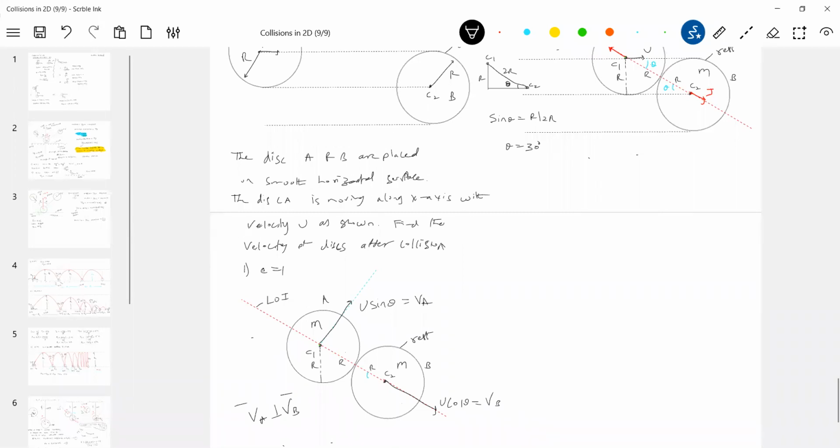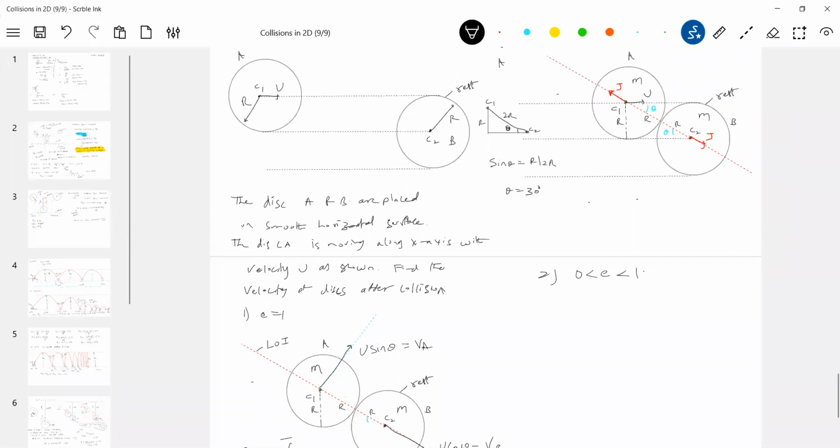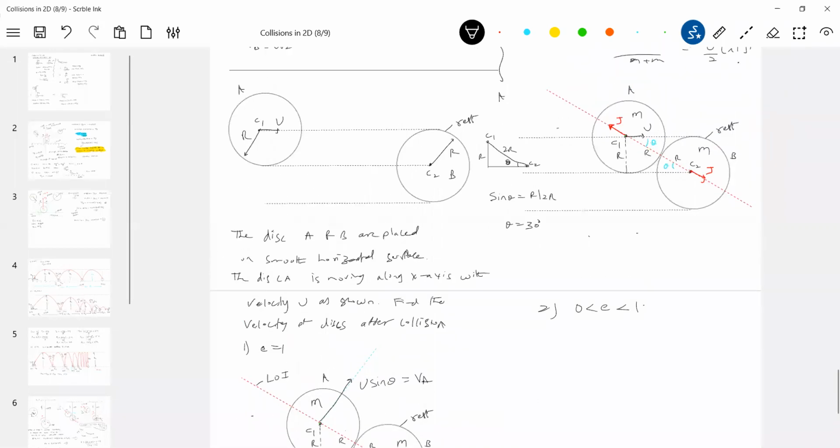Let's see the second case, e between 0 and 1. Same diagram I should bring, no? What will happen to that u sin theta for this sphere? It will remain as it is. Therefore, we have to discuss the whole problem along the line of impact and perpendicular to the line of impact.